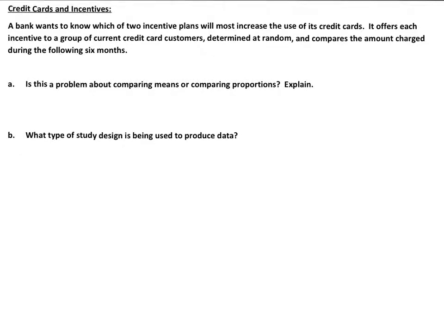This credit card company has 2 plans. One and 2. Ideally, if the incentives are really good, people would perhaps use their card a little more. So I would say that X bar sub 1, I'm using the statistic notation because this would be the average that we would actually calculate from our sample.